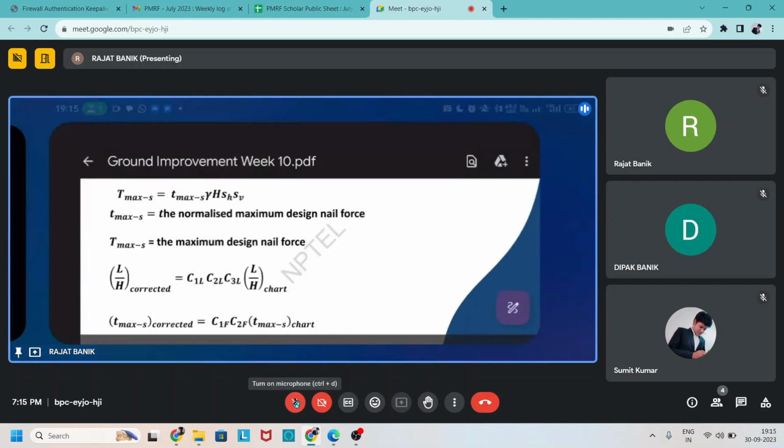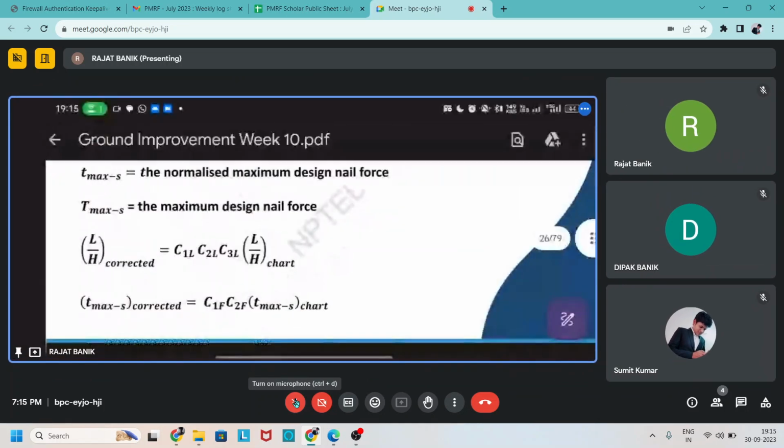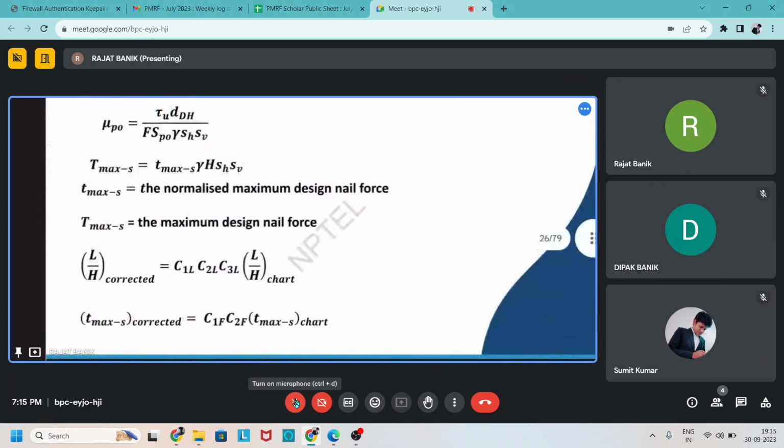And then after that, again, we apply some correction because those values for length and maximum force are only for some few assumptions.